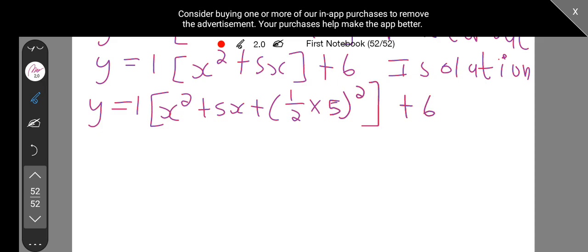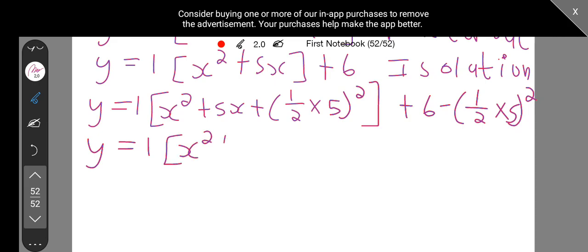This time you are subtracting half the coefficient of x, so you're going to subtract 1 over 2 multiplied by 5, and you're going to square it. So y is equal to 1 multiplied by (x squared plus 5x plus, what is 1 over 2 times 5? Well, that gives us 5 over 2, and we're going to square it.